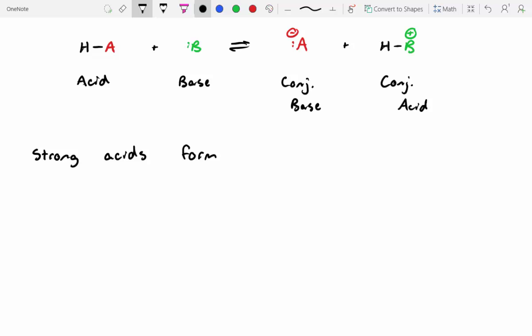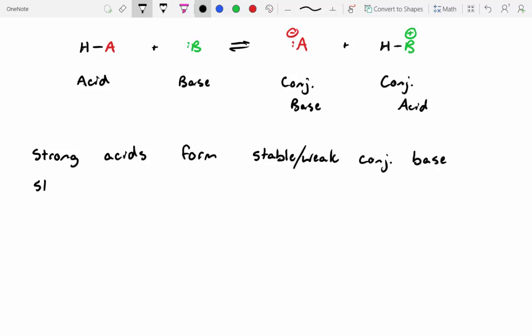So strong acids form stable or weak conjugate bases. I use the term stable and weak interchangeably during this acid-base section. That means that that conjugate base that we form doesn't really want to take that proton back. In fact, that acid's so happy giving up that proton, it doesn't ever want to take it back and push the equilibrium in the opposite direction. So that's how we can define a strong acid in very generic terms.